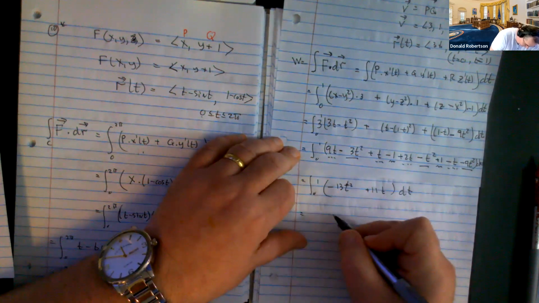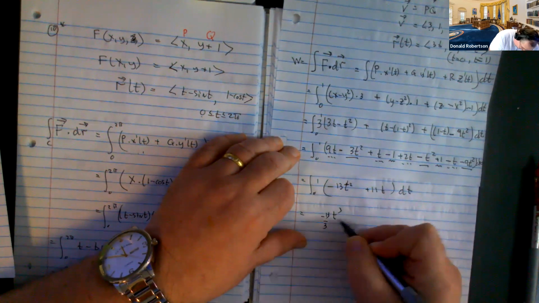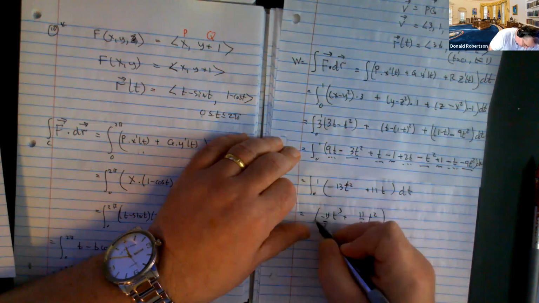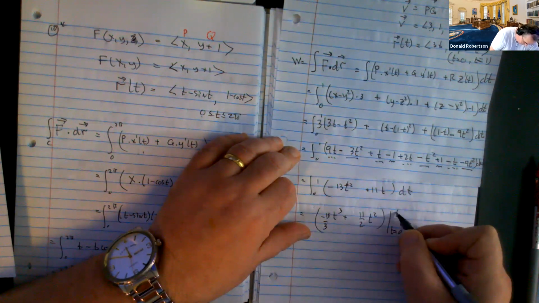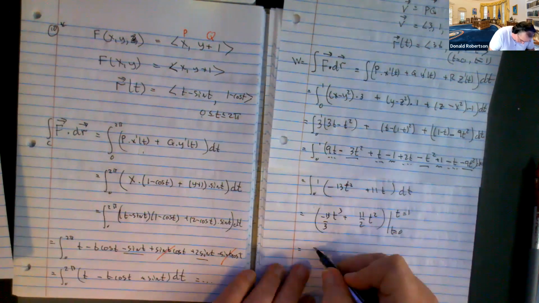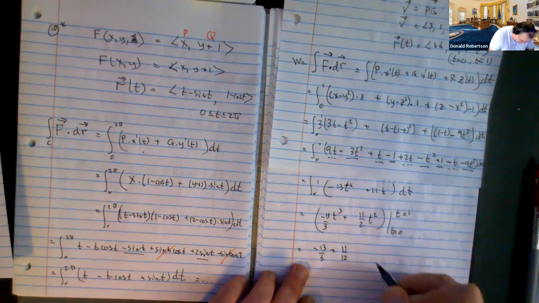Add 1 to the power, divide by the new power. Add 1 to the power, divide by the new power. Evaluate it at 0 and at 1. If you plug that in, you get negative 13 thirds times 1 cubed, plus 11 halves times 1 squared.